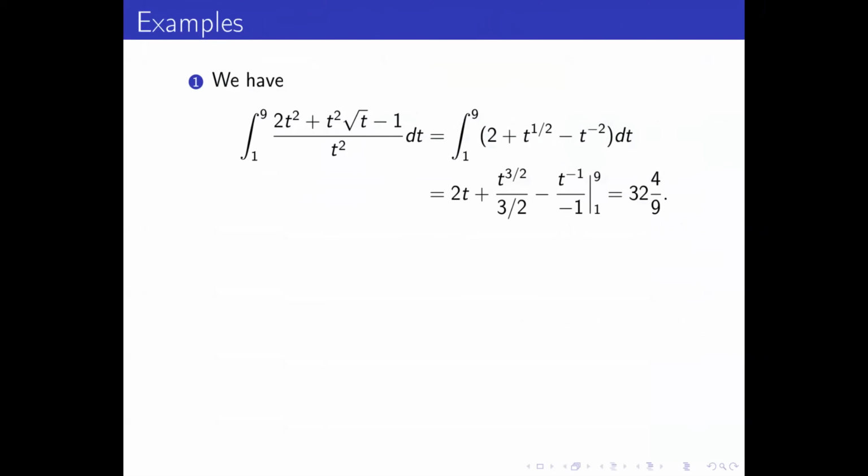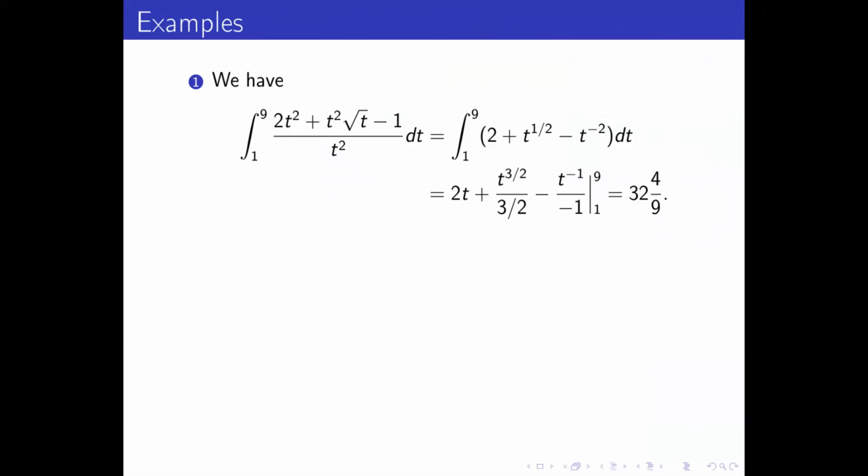This shows you that you can compute integrals more quickly now. For example, here you have this function, and because of linearity, you can split it into three parts, compute the antiderivative of each part separately, and add them up.